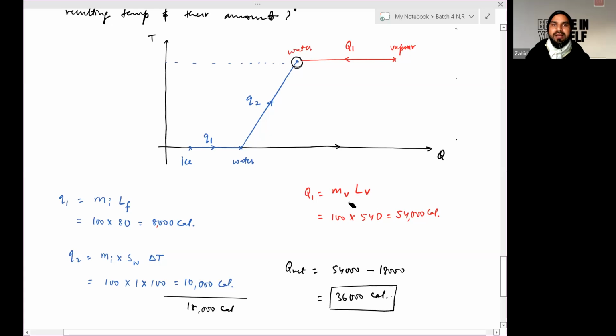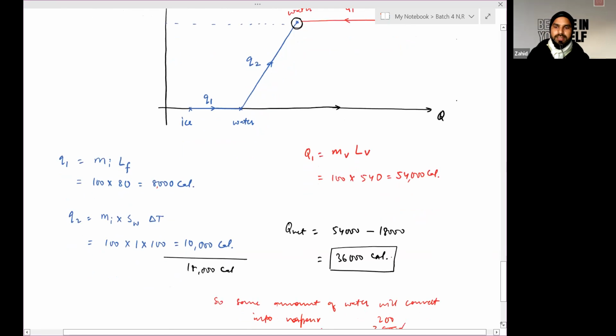But still, we have in this particular system 36,000 calorie heat left out. This much amount of heat energy will tend to convert some amount of water into vapor, which I have calculated.